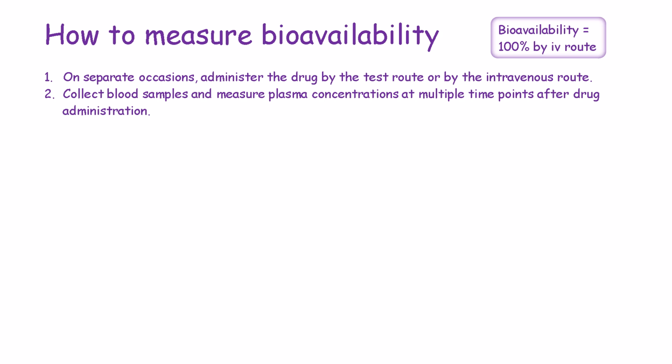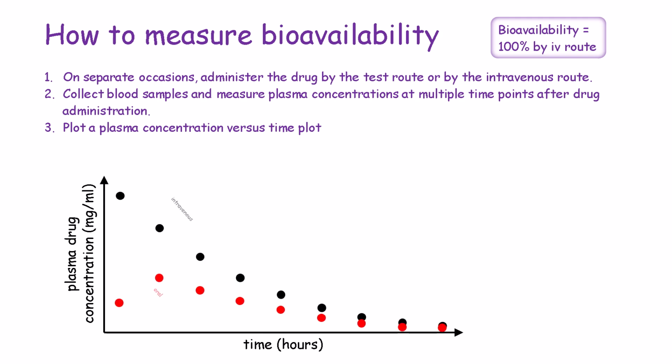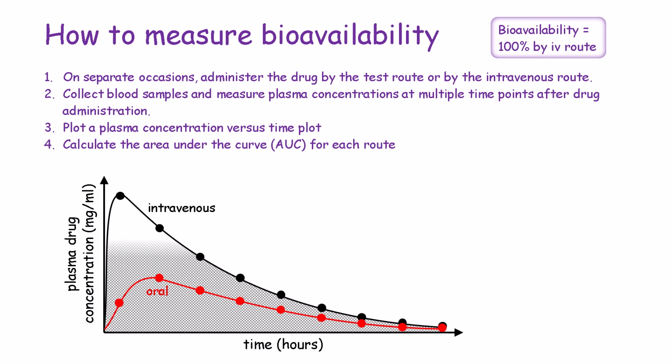The values are plotted on a graph of plasma drug concentration versus time. The points are connected, and the area under the curve for each data set calculated. The area under the curve is shown here for the intravenous route, and now for oral administration.